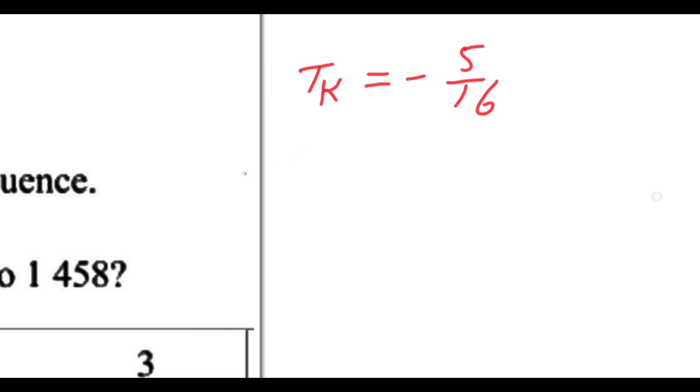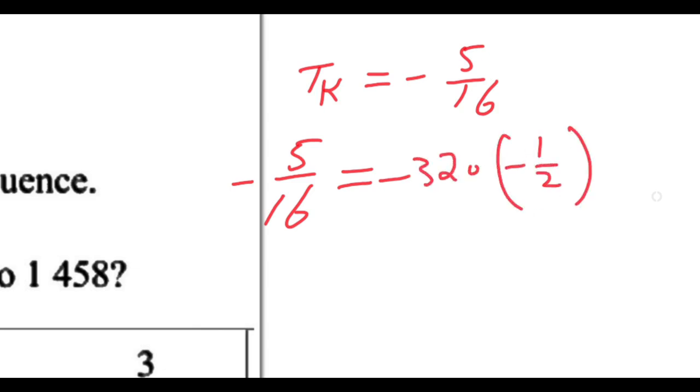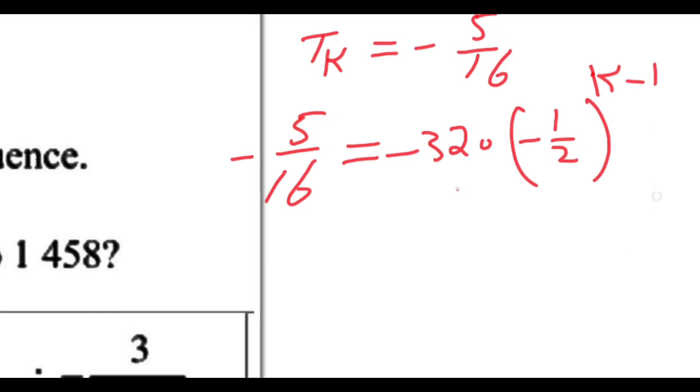So negative 5 over 16, I'm going to equate with the general formula: negative 320 times negative 1 over 2 to the power, in place of n, k minus 1. Now I'm going to solve for k. The negative 320, I switch over this side, it becomes division.